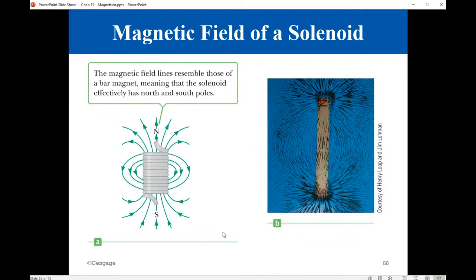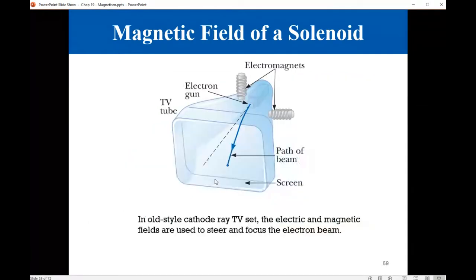So in this regard, a solenoid is very much like a magnetic dipole. It acts like a magnetic dipole. And the magnetic field at the center of the solenoid is equal to mu naught n I, where n is the number of turns per unit length in the solenoid.